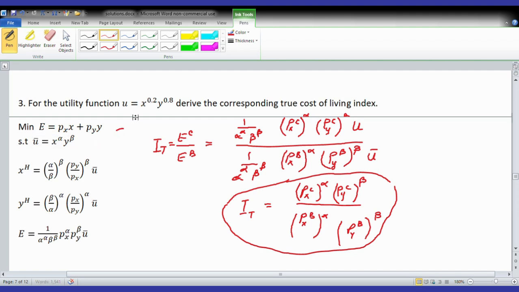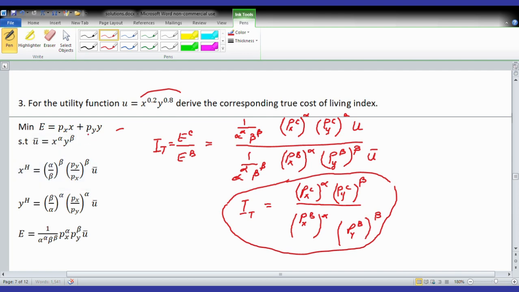Whenever you are given this type of function and asked to find the Marshallian demand function, the true cost of living index or the Hicksian demand function, my advice is that in place of using 0.2 or 0.8 or any other given powers, use alpha and beta. Make sure that alpha plus beta equals 1, which is something you will be able to make use of later on.